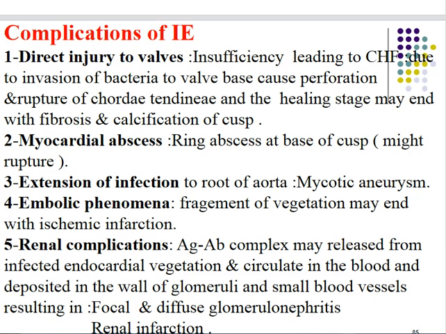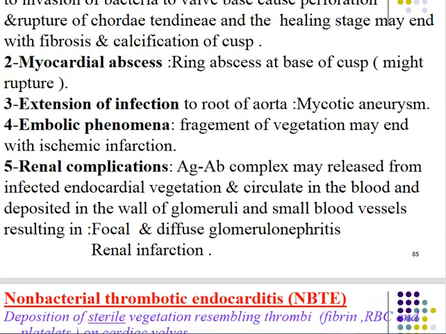And fifth is the renal complication, where antigen-antibody complexes may be released from the infected endocardial vegetation, circulate in the blood and deposit in the walls of the glomeruli and small blood vessels, resulting in focal and diffuse glomerulonephritis, and renal infarction can result.